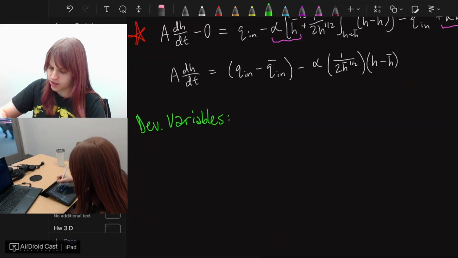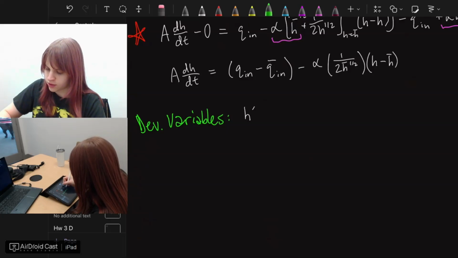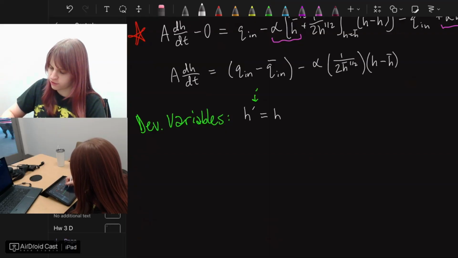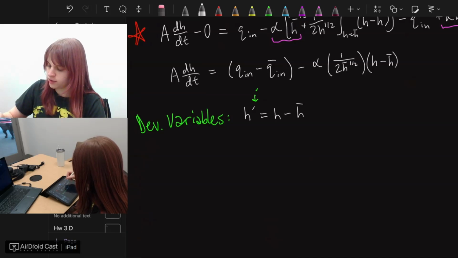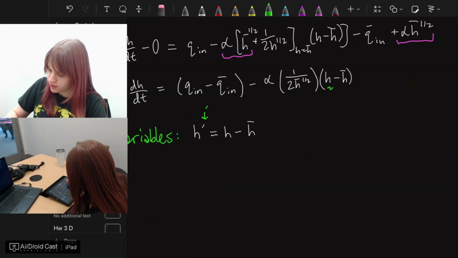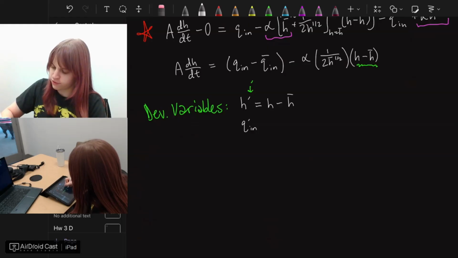We're going to say that the deviation variable for the liquid level height, which we denote with this little apostrophe, is equal to the difference in the height minus the steady state height, which you can see up here. And we can say the same thing with the flow rate, and that was up here.